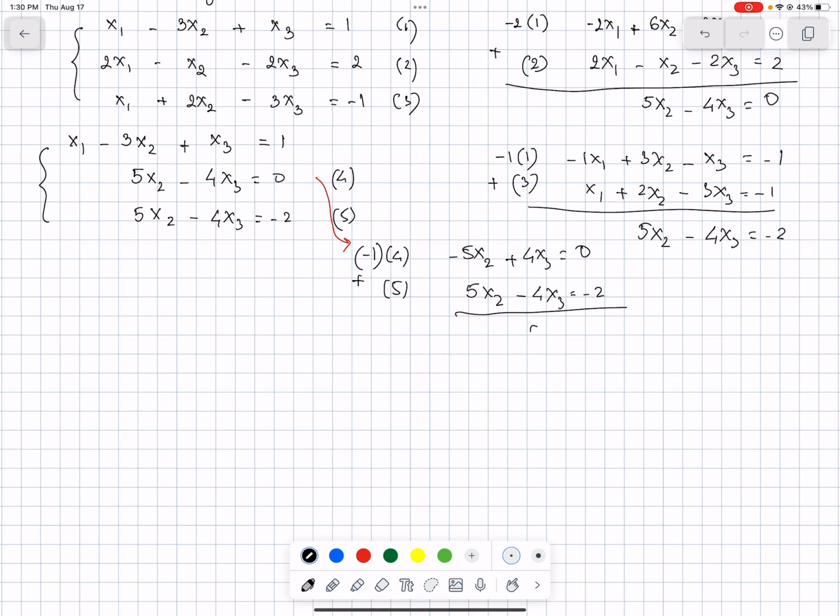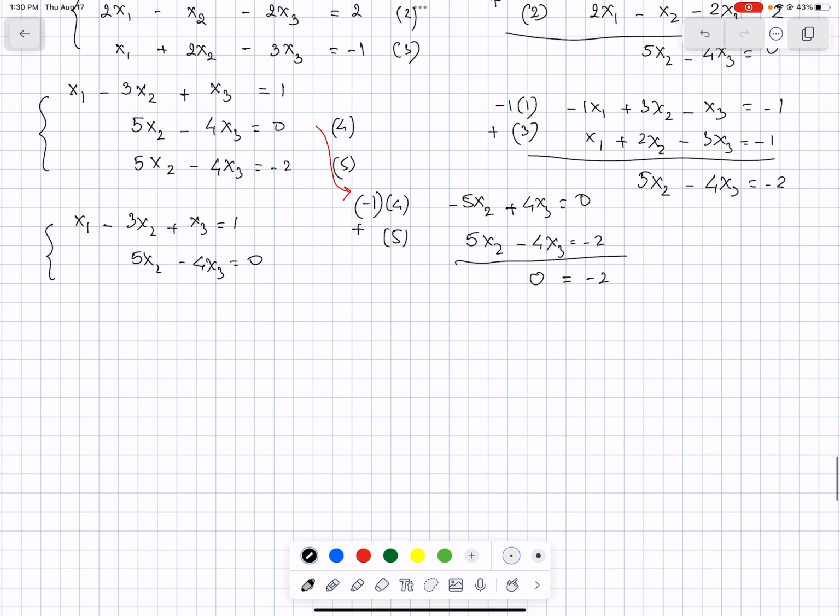So what happened is we got 0 on the left hand side, the right hand side is -2. Okay, so let's keep writing down again the system. And then the last one, after you do some operation for 4 and 5, you got 0 equal -2.